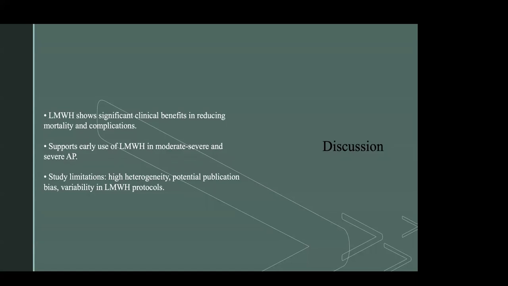Further, the results of the meta-analysis show that in the subgroup analysis most of the factors have low heterogeneity, thereby favoring the LMWH arm. The study supports early use of LMWH in moderately severe and severe acute pancreatitis. However, there are certain study limitations.